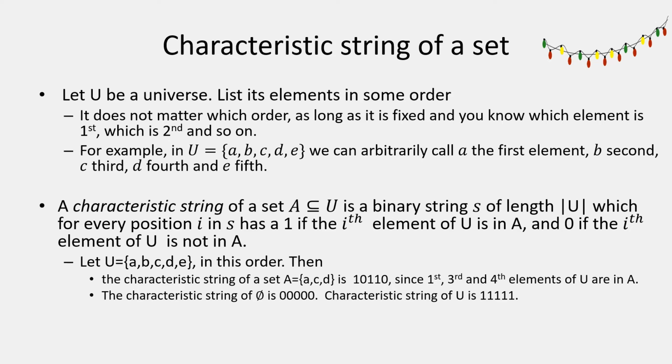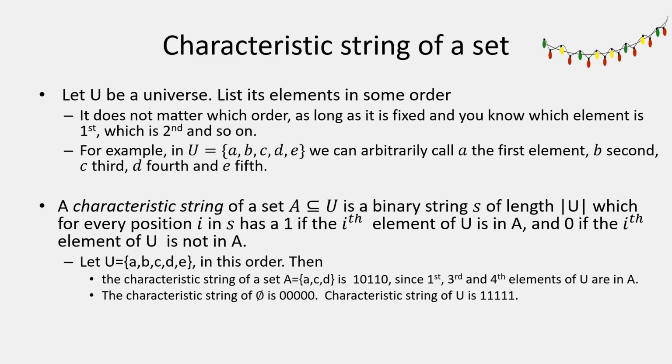Now, given this universe and the order of elements, we can define what the characteristic string of a set means. This is a binary string of zeros and ones, whose length is the number of symbols in the universe. So here the universe has 5 symbols, so all of our strings will have length 5. It's a characteristic string of a set if for every position in the string it has a 1 if the set has the corresponding element, and it has a 0 if the set does not have the corresponding element.